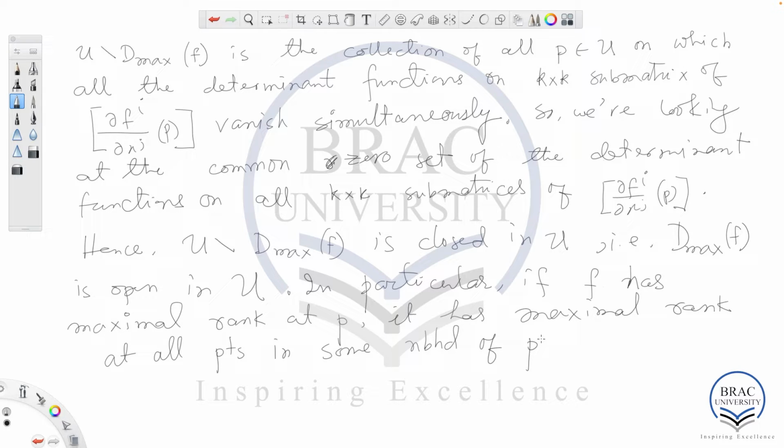It's automatically in a neighborhood of that point where the rank is maximal, which is denoted by D max F here.